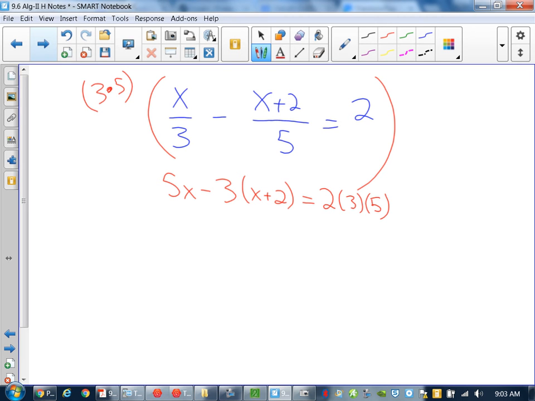And now let's distribute, combine like terms and solve. So if you distribute out, we get 5x minus 3x minus 6 is 30.